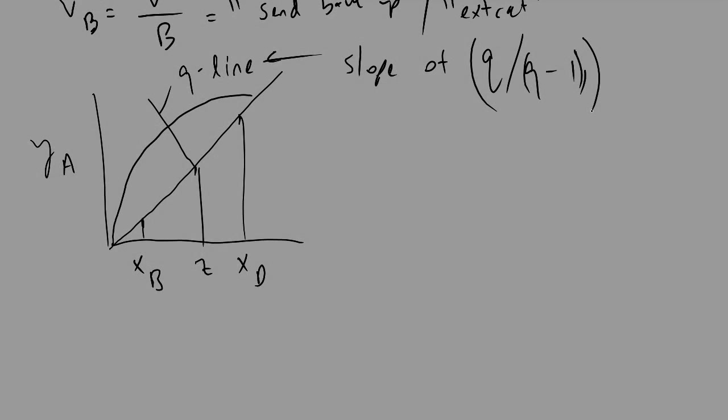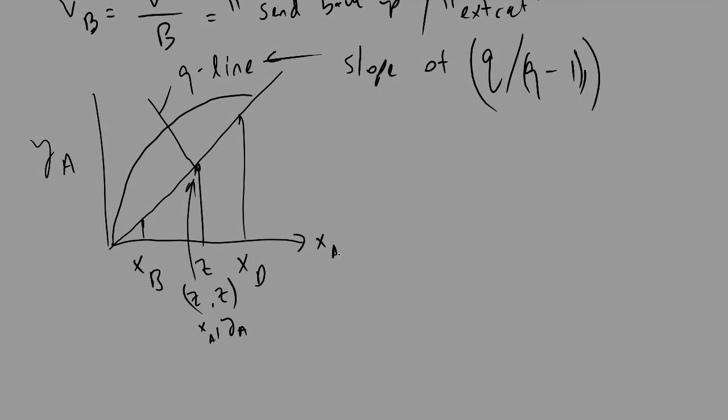So knowing the quality of our feed, we can determine this because we know that this point on our diagonal will have coordinates of z comma z. So for x and y, or xa and ya, so this axis is xa, we will know a point and we will know the slope. Therefore, algebraically and geometrically, we can find the equation for that line.